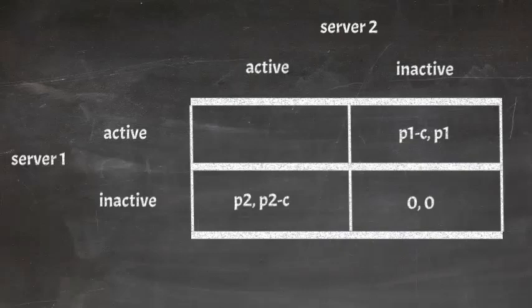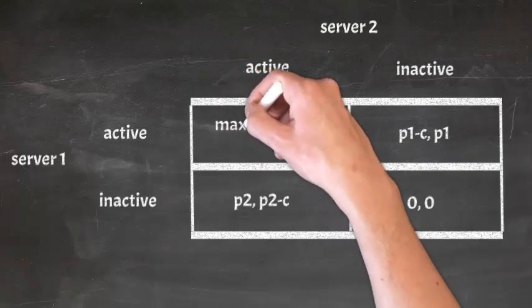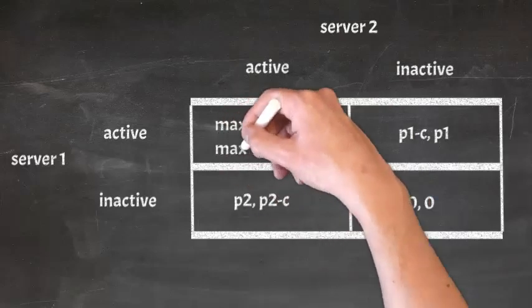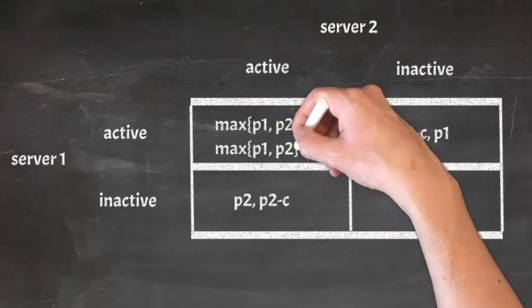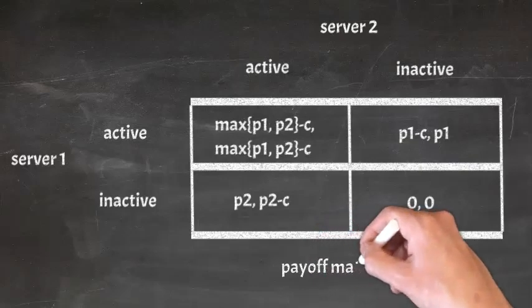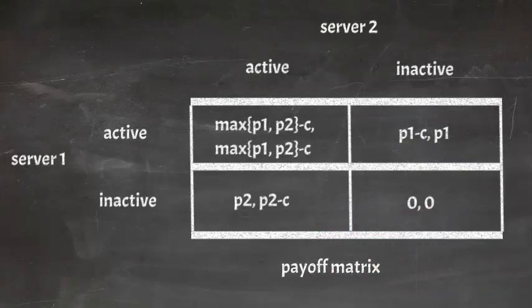So even if a server chooses to be inactive, but the active server transmits the message successfully, he can also get the reward. If both servers choose to be active, then the message will be transmitted by the server with a higher success rate. But both of them need to pay C.